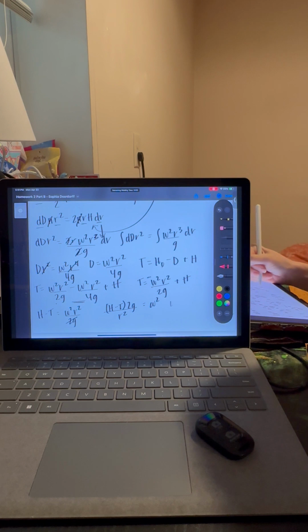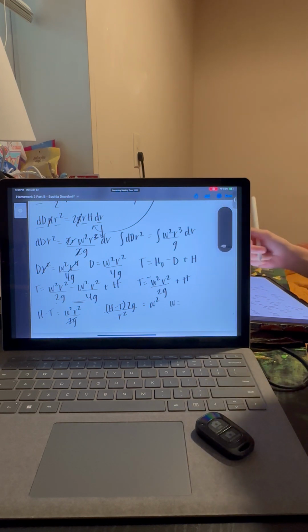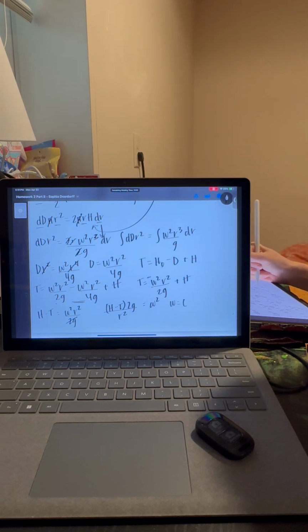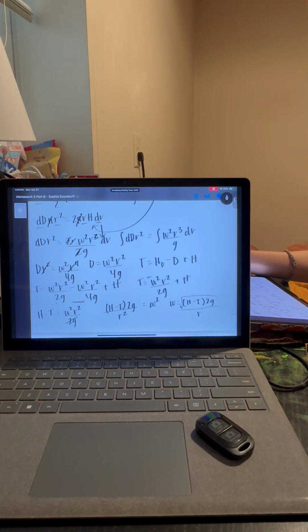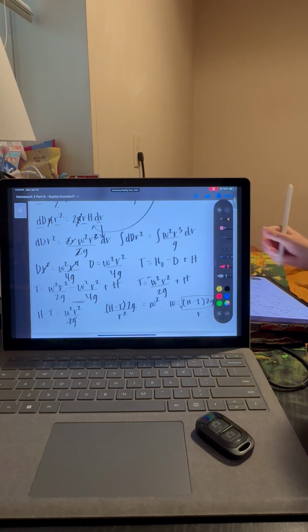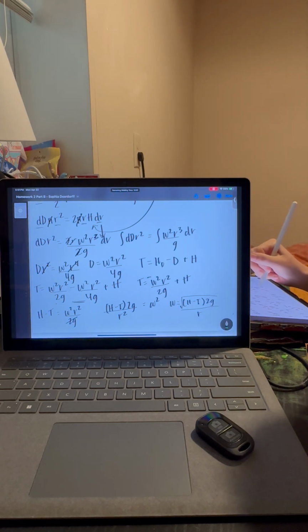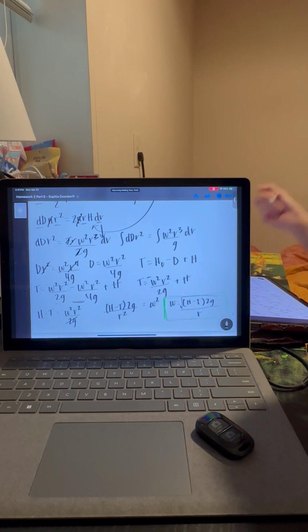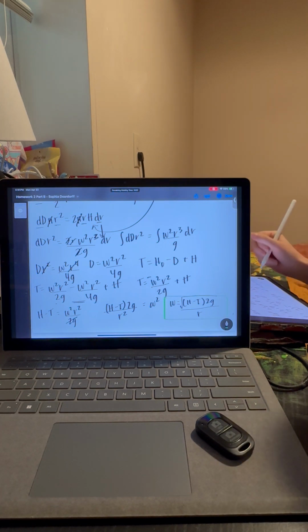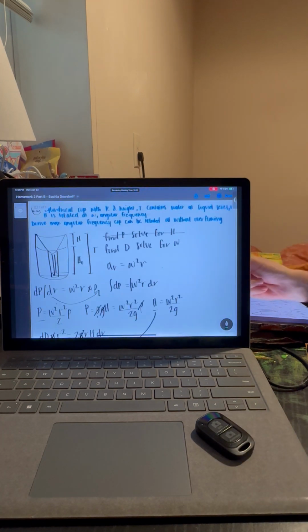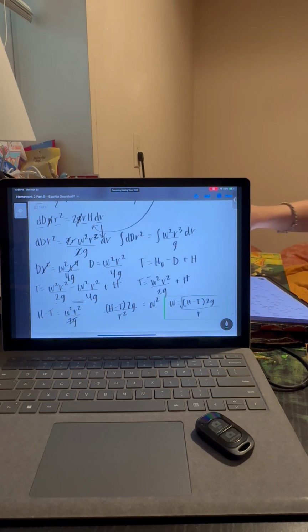Doing the last step, we find that omega is equal to the square root of H minus T times 2G, and then our R will just be R. And that is our equation to find the frequency that the cup can be rotated without overspilling past here. All right.